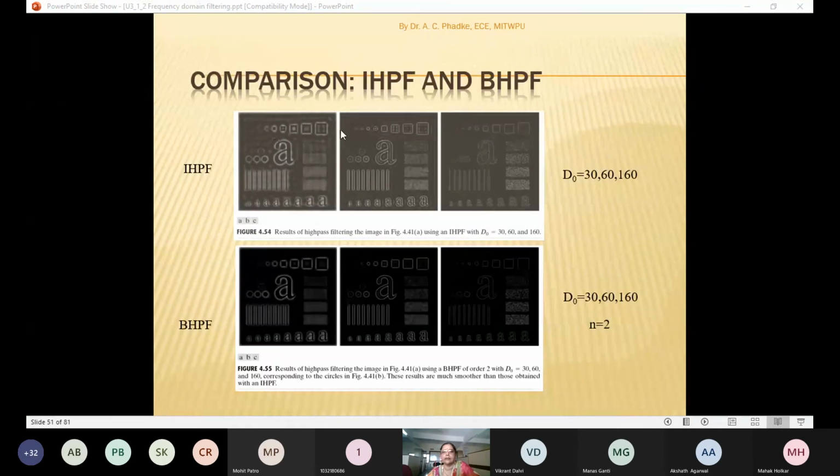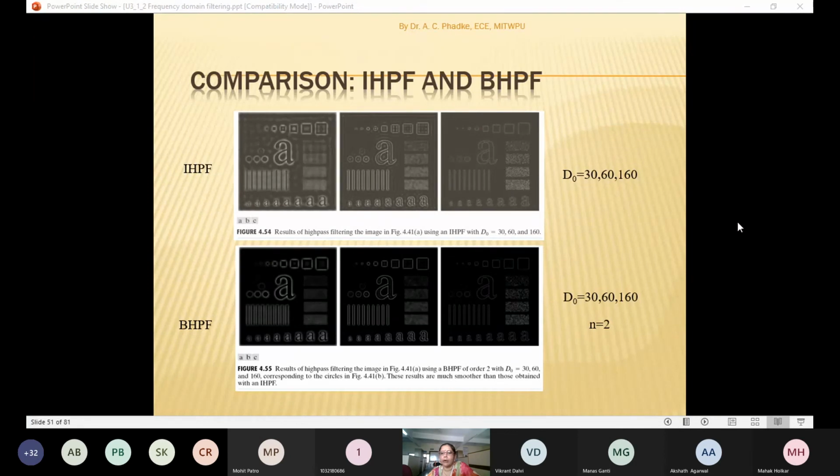Here you can compare the ideal high pass filter and the Butterworth high pass filter. This is your ideal high pass filter result with distance 30, 60 and 160. Because of the high pass operation, the image is sharpened.